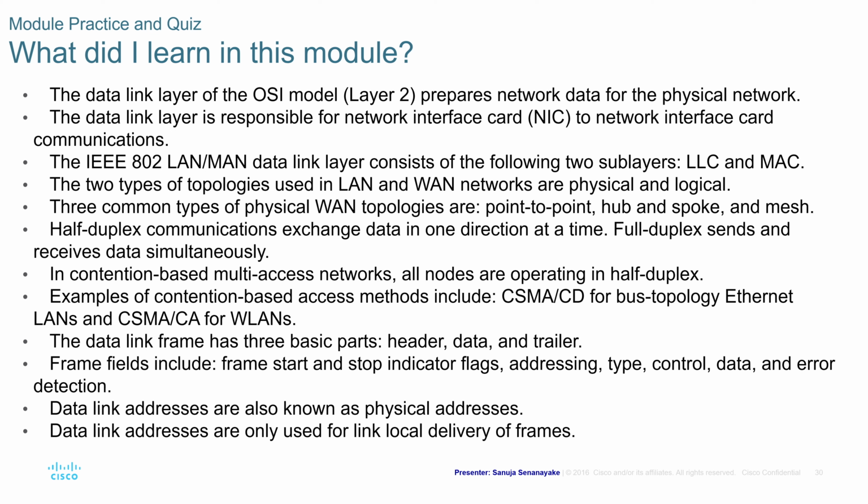Data link addresses are only used for link local delivery of frames. So remember, between routers, the data link address is going to change: when it goes to the next router, that hop is going to change the data link address. That's a very important concept you should understand.